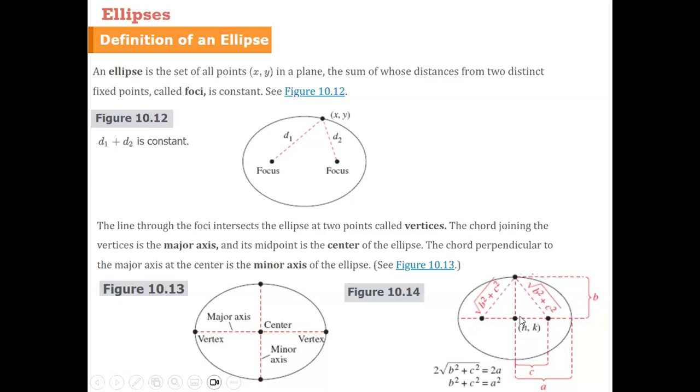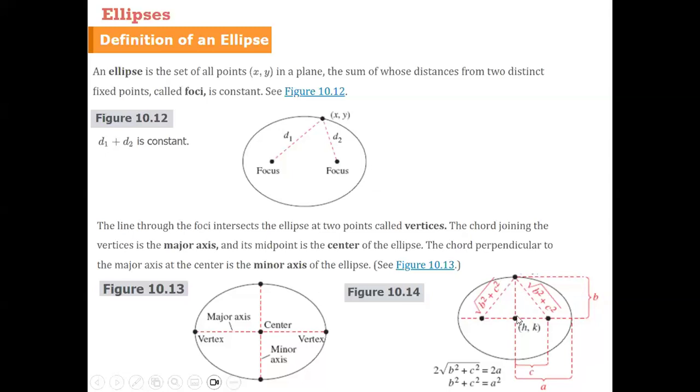Okay, here's some more information. Your center is going to be our h, k. From the center to either focus is going to be length c, we're going to call that. So from center to the foci is c. Over here, center to the other focus is c. From the center to the end, to the vertices, that length is going to be a.